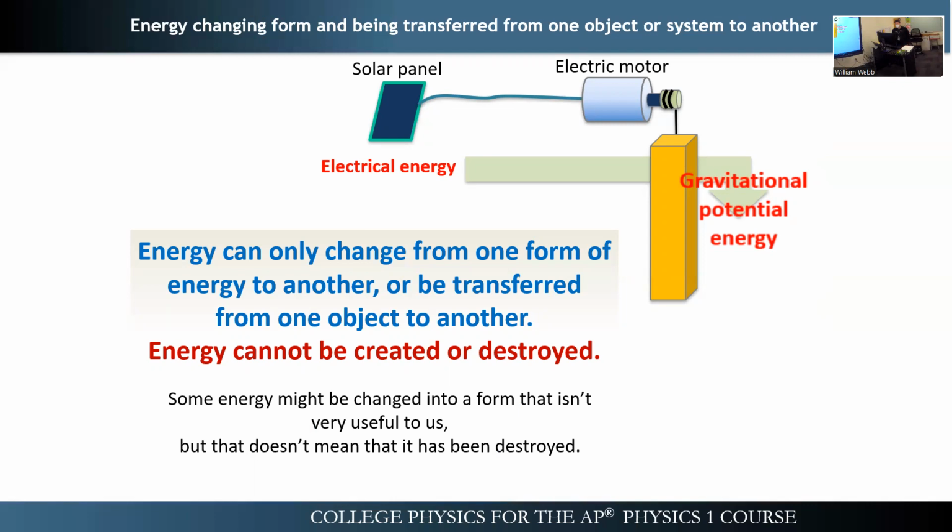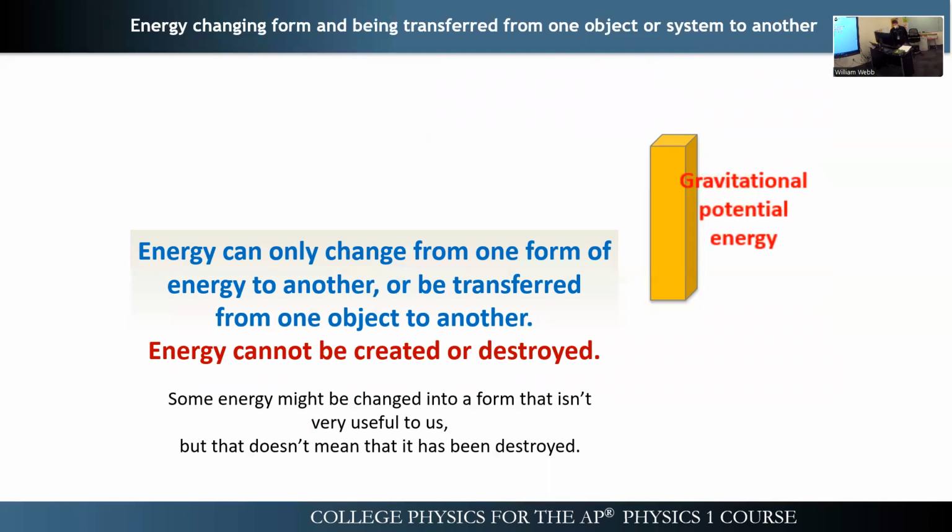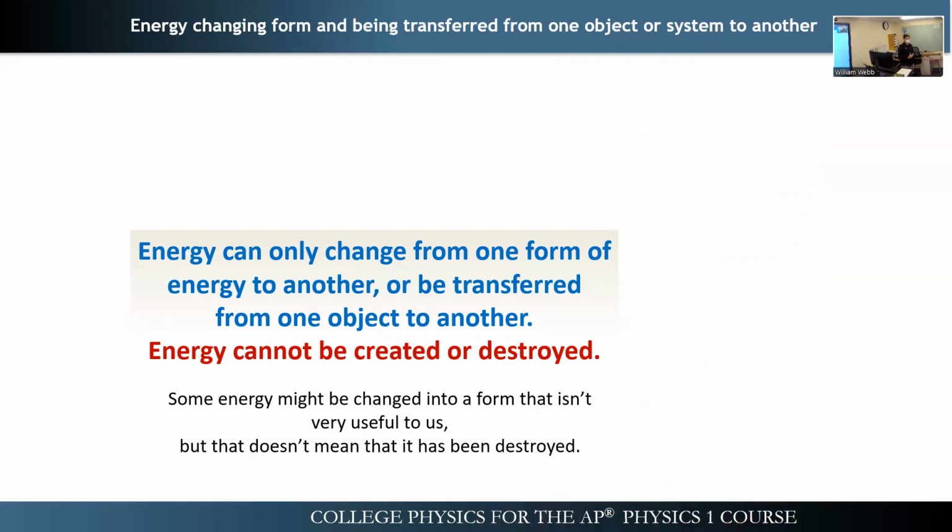And you can see down at the bottom, it says some energy might be changed into a form that isn't very useful. That doesn't mean it's destroyed, as I mentioned earlier. If we let go of this block, then that gravitational energy that came from the motor, which came from the solar panel, which came from the sun, is just going to fall and turn into kinetic energy, one more transformation.